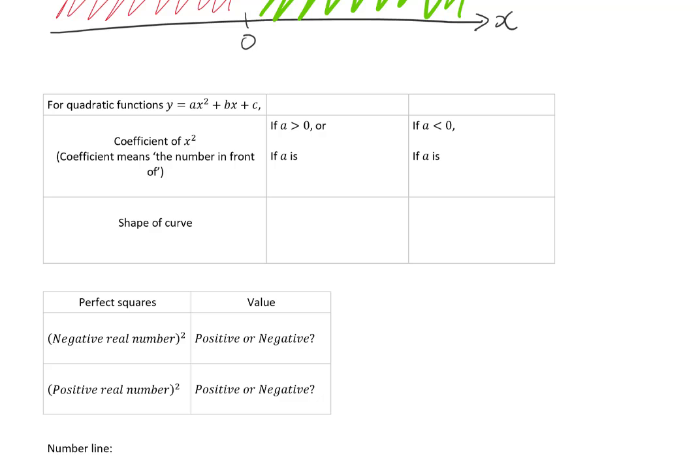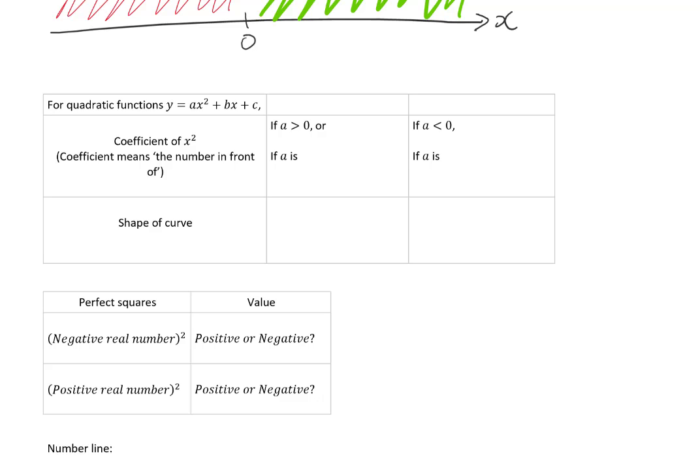So for quadratic functions, they have this general equation. They go by y equals ax squared plus bx plus c. To determine the shape of the curve, you need to see the coefficient of x squared. Coefficient means the number in front of, so the number in front of x squared.